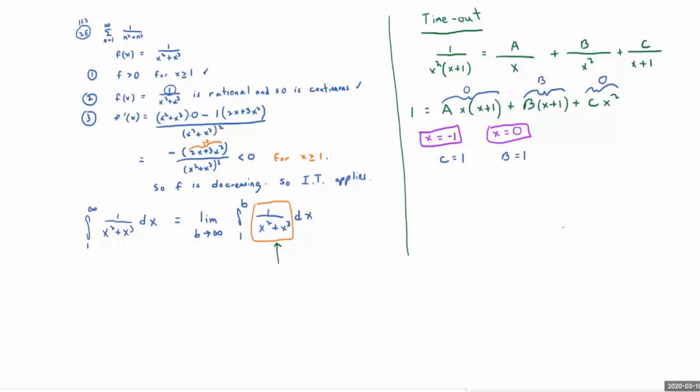And then we just need to figure out another number to plug in to get a. Just make a number up that's not -1 or 0, not something we've already plugged in. How about x equals 1?